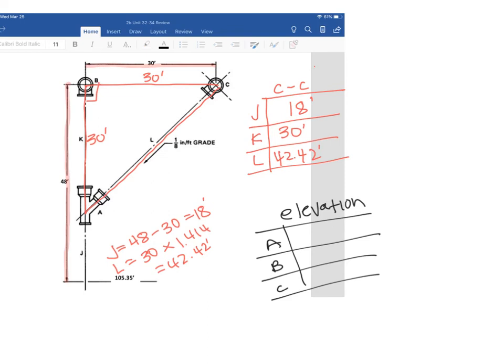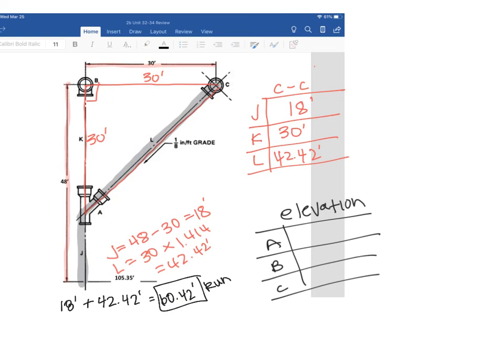To get to C from the base, I have to go up pipe J, which is 18 feet, and across pipe L, which is 42.42 feet. So I have to go 18 feet plus 42.42 feet. If I add those together, that's a total distance of 60.42 feet that I would have to travel. So this is considered to be our run.